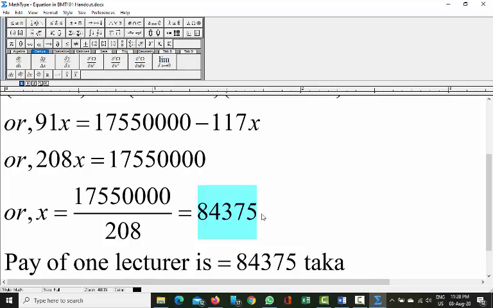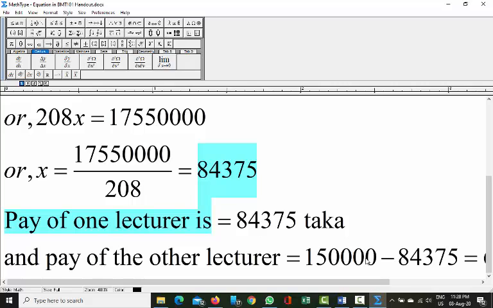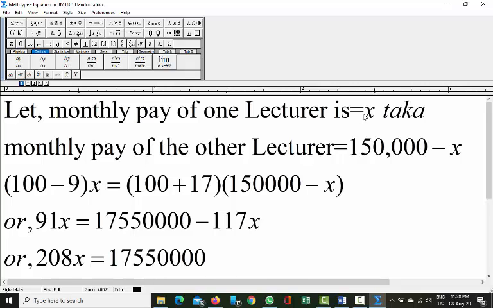That means the current pay of one lecturer. Pay of one lecturer is this much taka. So the pay of the second lecturer, or pay of the other lecturer, is 150,000 minus this one, because the pay of the first lecturer is x taka, and we have already got the value of x.